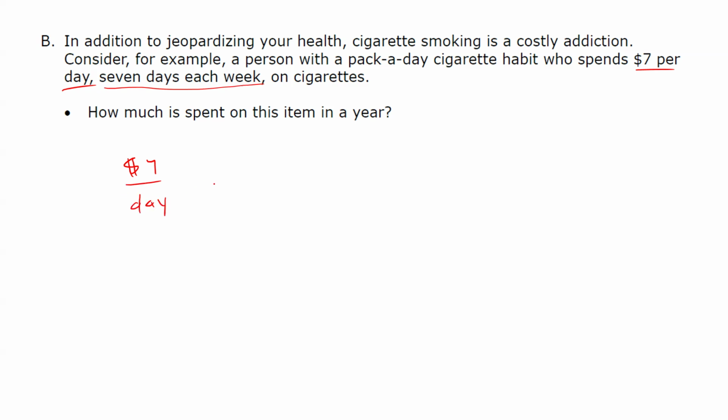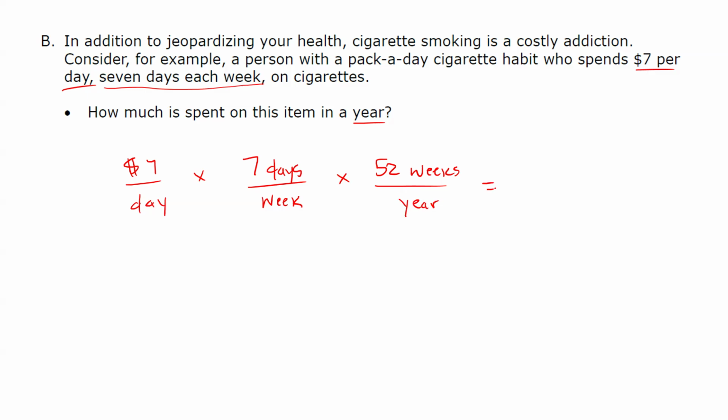So the first way is we know that this person has a spending habit where they spend $7 per day, and they spend it 7 days per week. And we want to know how much is spent in a year. Well, there are 52 weeks in a year.